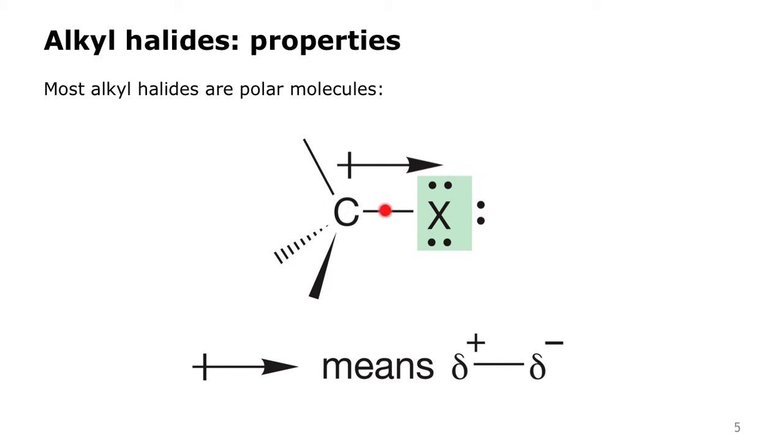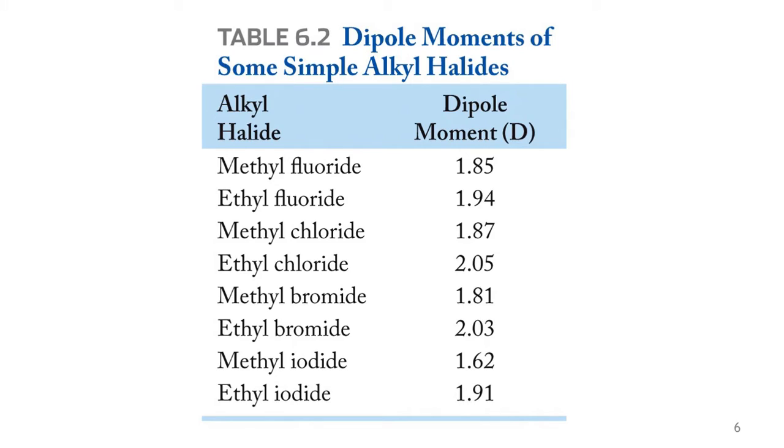That polarity gives low molecular weight alkyl halides typically a polarity in the range of about 2 debye. We measure polarity in debyes, and you can see that within error here, most methyl and ethyl halides have about the same polarity because of the polarity of those bonds.